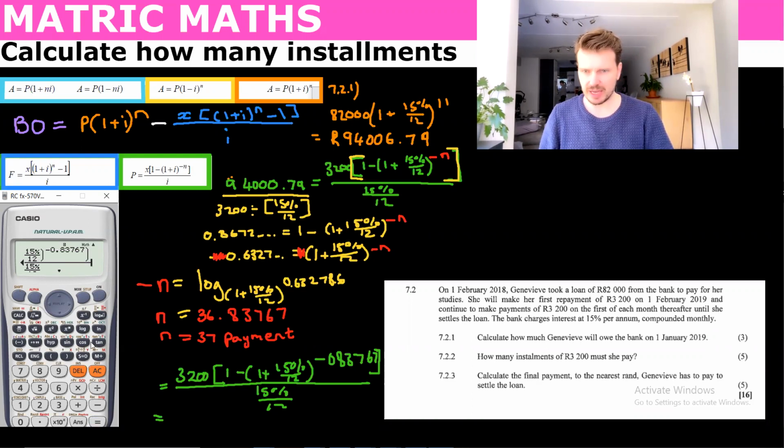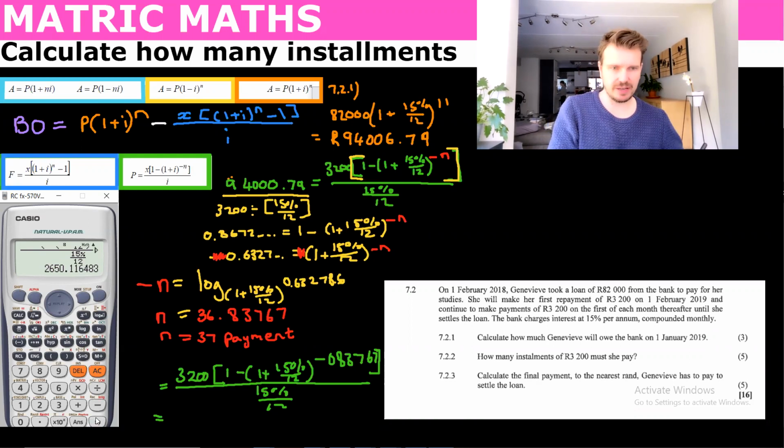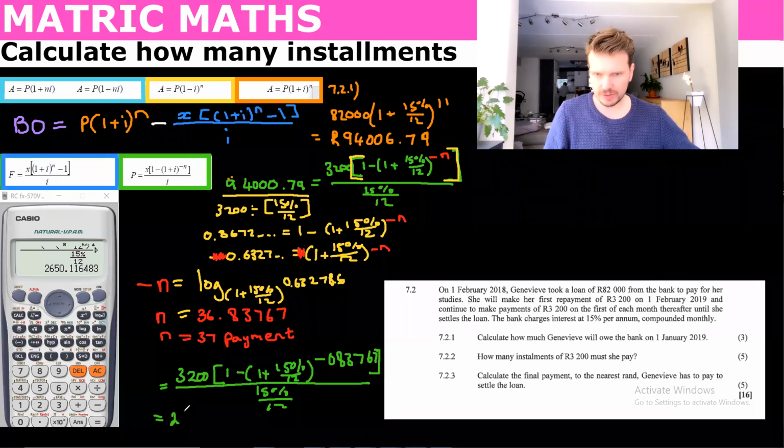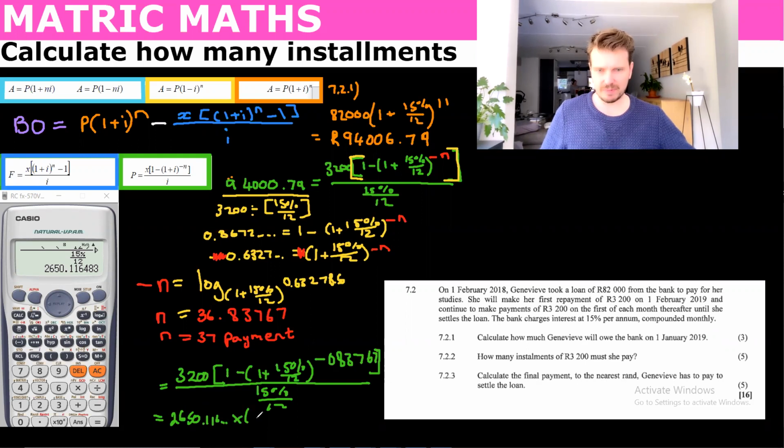So equals. Okay, so let's get that value down. 2650.116 is the value, but then we need to multiply that by 1 plus the interest, which is 15% over 12, but it's only for 1 month. And so we're just going to do that.